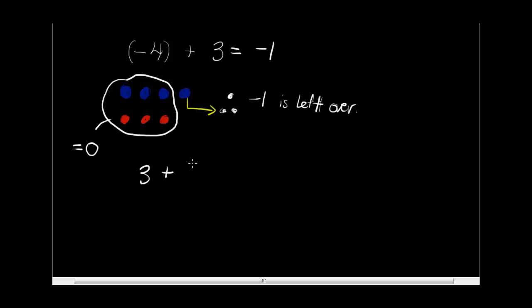3 plus -4. We will model using 3 red counters, +3. Then, again, we will put together the 3 red counters with 4 blue counters.